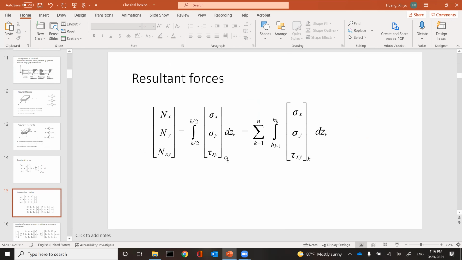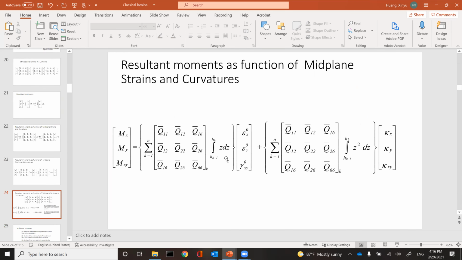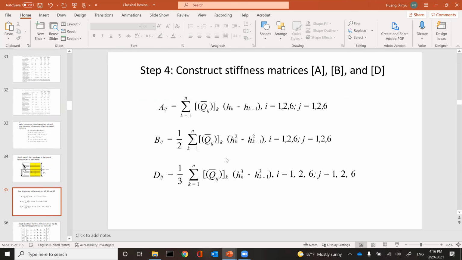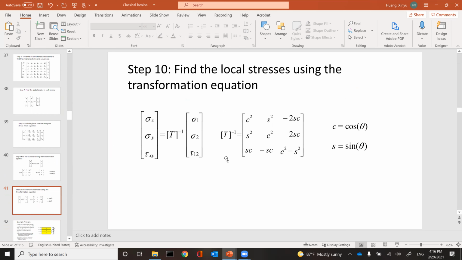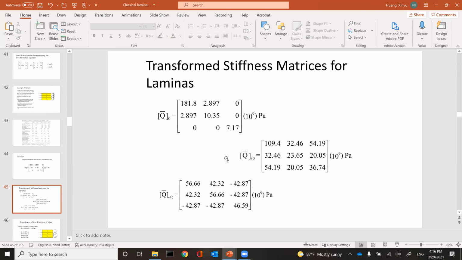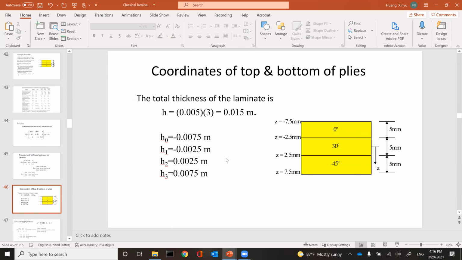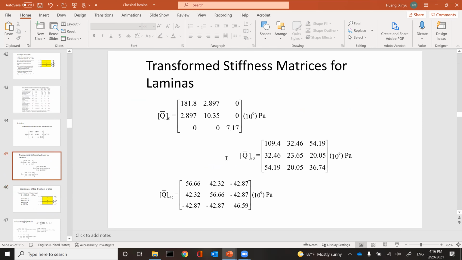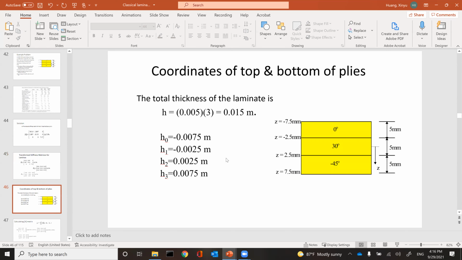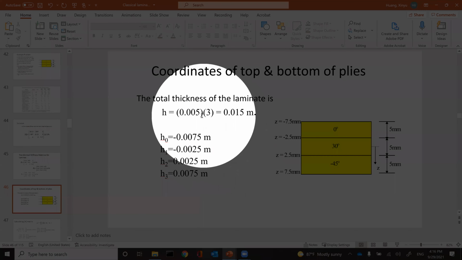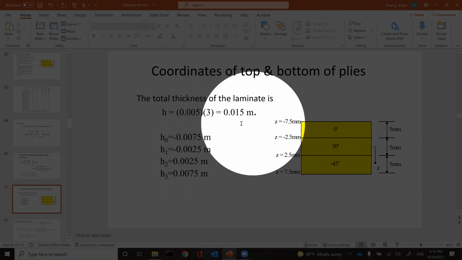Back to our problem. Now we got Q bar, and we're ready to sum. This is a manual sum. We first sum to get A. A is where you multiply this Q bar with the thickness for every layer and sum them up, right? The thickness is basically 5 millimeter.